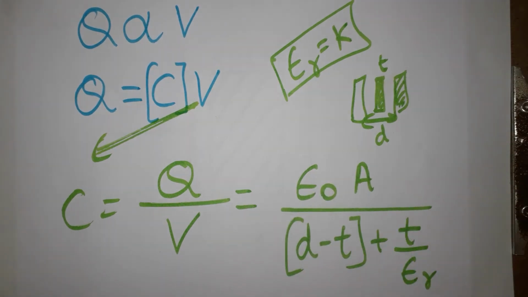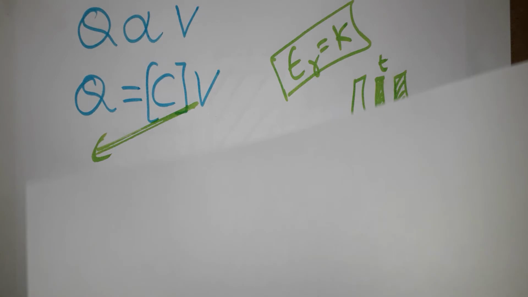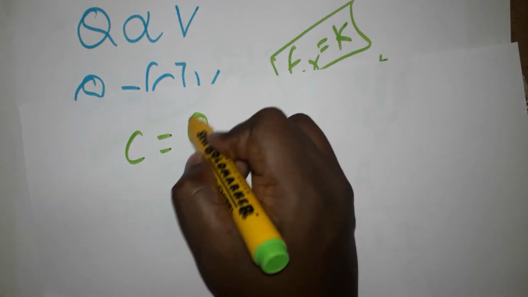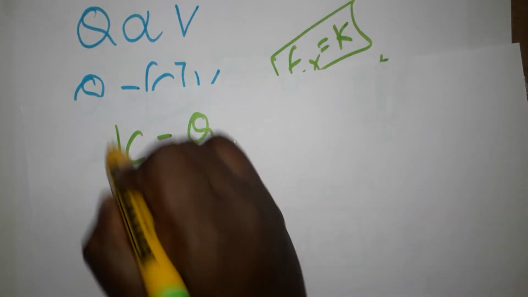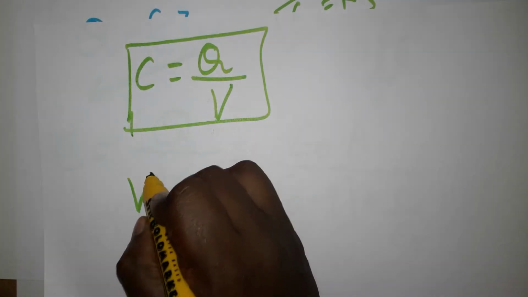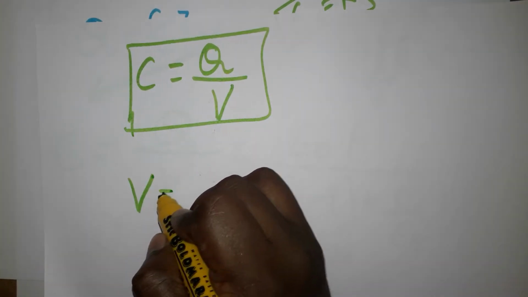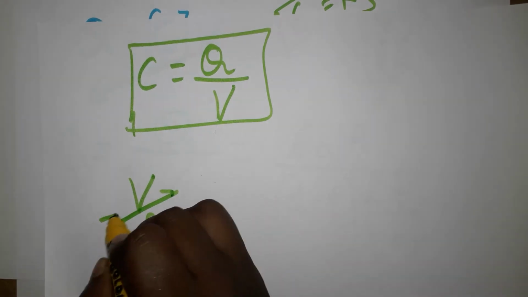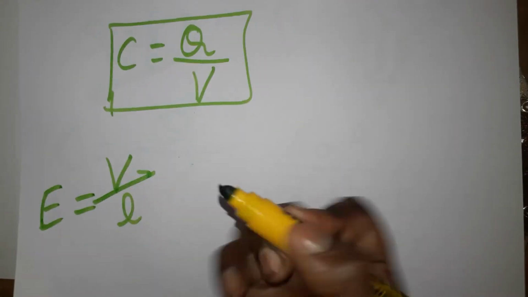This is the equation we are going to derive. First, Q is equal to CV, so C is equal to Q divided by V. As we know, potential per unit length is called the potential gradient, otherwise the electric field.